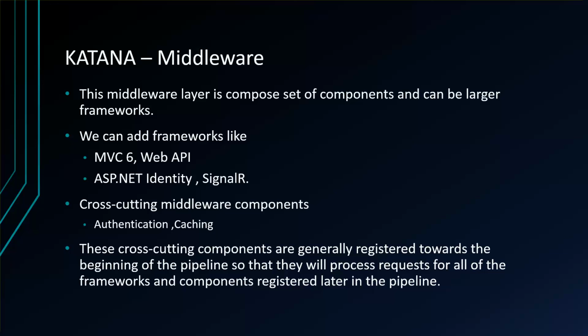So the first priority is to set authentication, authorization, caching, error pages and browser links. Then you can use MVC6 and Web API, ASP.NET Identity and SignalR. There is no proper rule to follow a particular order, but Microsoft's best practice is to use cross-cutting components at the beginning of the middleware. Then you can use your favorite frameworks.